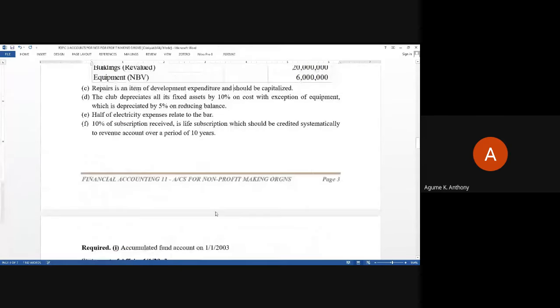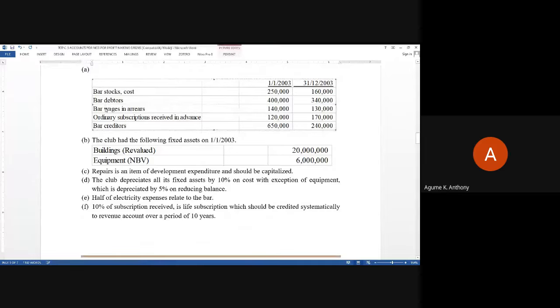Those are to relate to the bar. For example, I have bar wages in arrears.